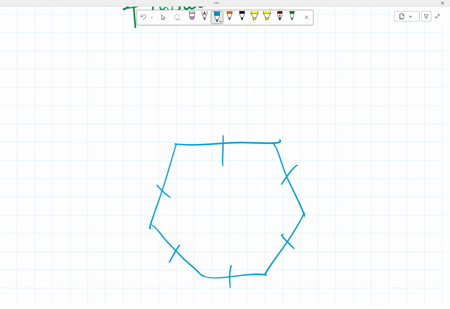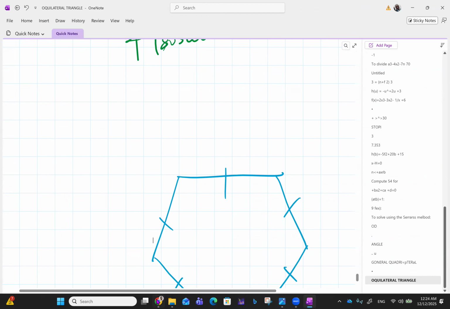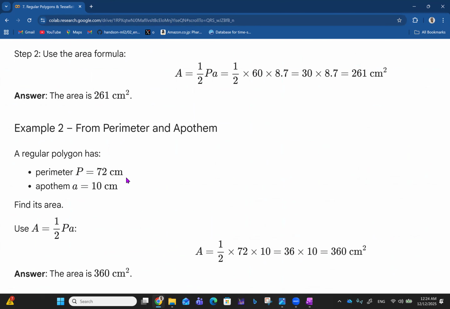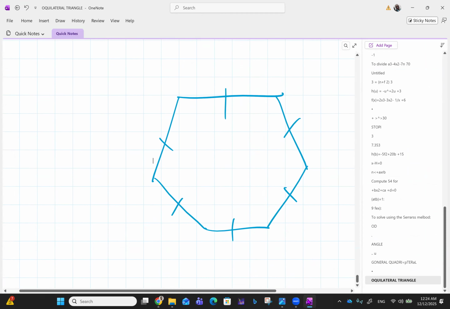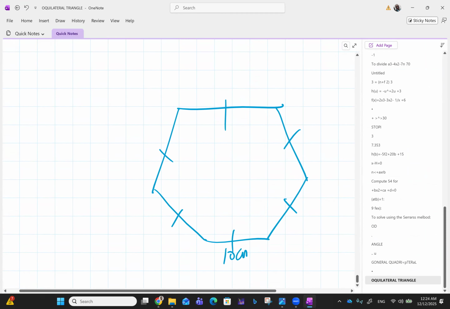It may not look like that the way I've drawn it, but it's regular, like we said. The side length is 10 cm, so each distance around it is 10 cm, 10 cm all the way around.